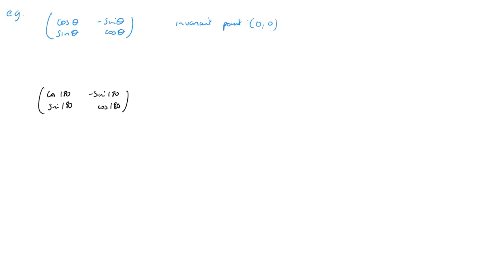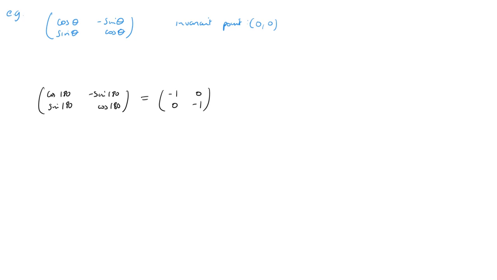So cos of 180 is -1, sine of 180 is 0, so those two are 0, and cos of 180 is -1. So it's like reflecting in the y-axis and then reflecting in the x-axis, or vice versa. Okay, and that would give me the 180 degrees.